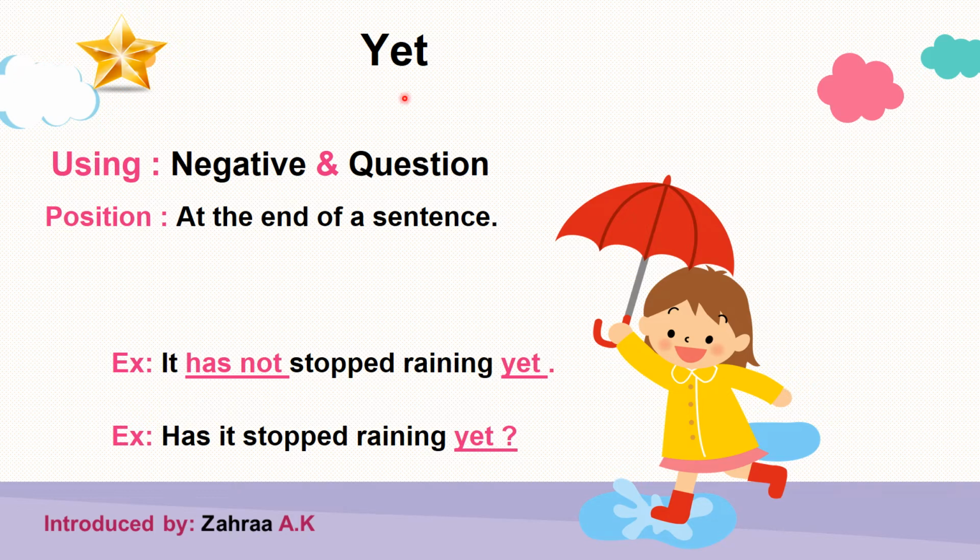We use it either in the negative, like it hasn't stopped raining yet, or in a question, like has it stopped raining yet. Its position is always at the end of the sentence, as we see in this example.